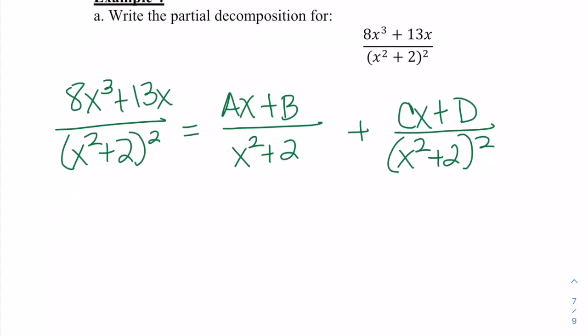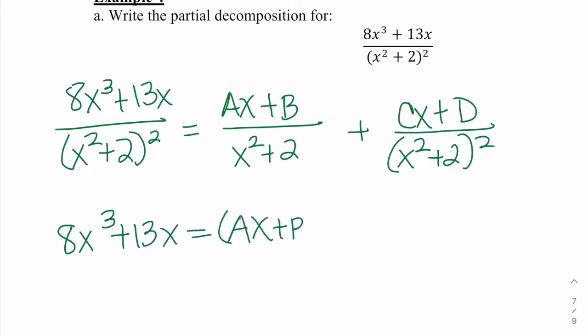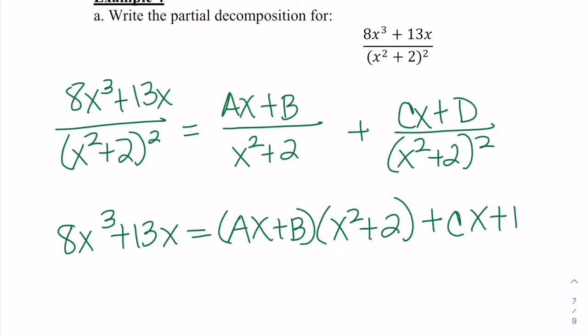All right, let's multiply both sides by the denominator. So we get 8x cubed plus 13x, and that's going to be ax plus b times x squared plus 2, plus cx plus d. Now a little bit of foiling.